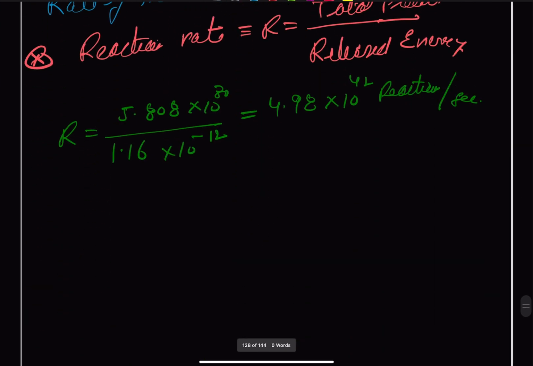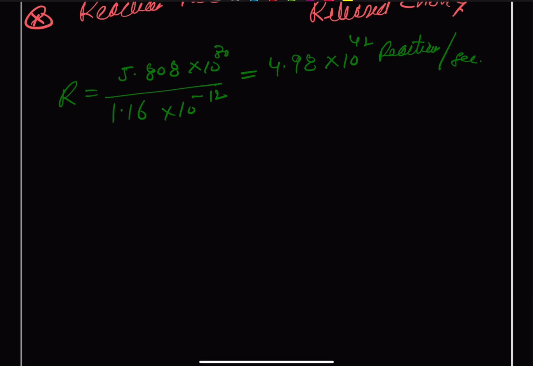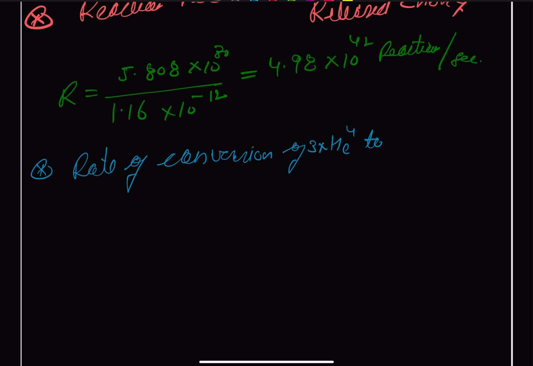Therefore, we can write that the rate of conversion of helium-4 to carbon-12 will be equal to 3 times R, which is approximately equal to 15 into 10 to the power 42.